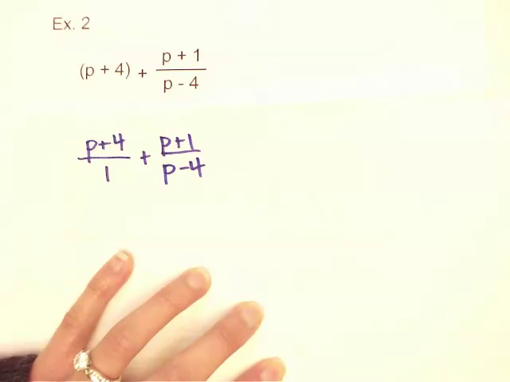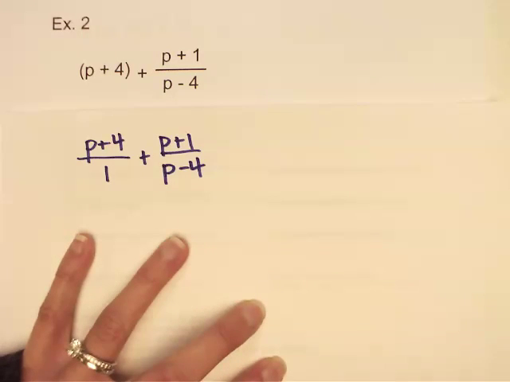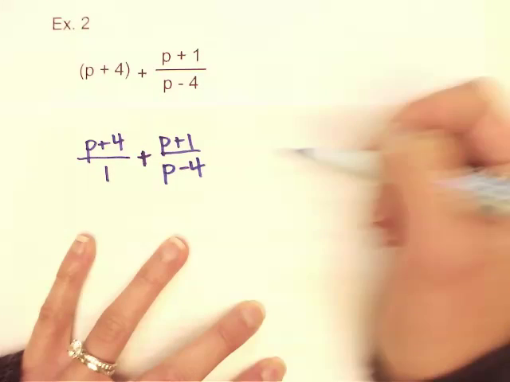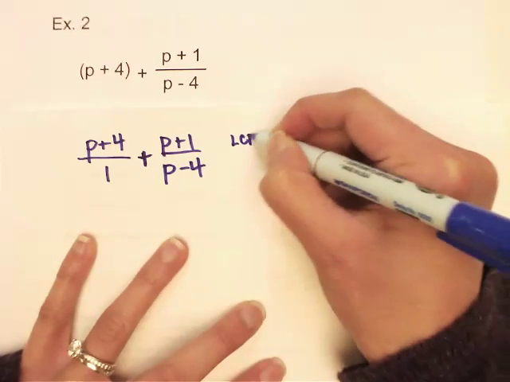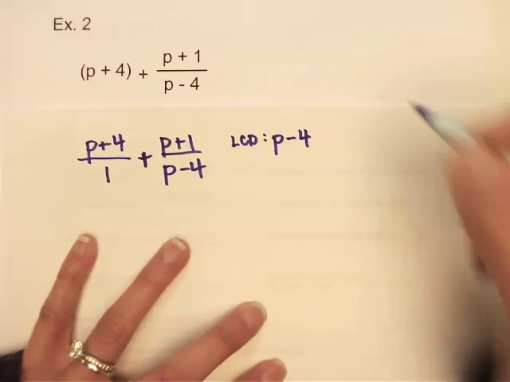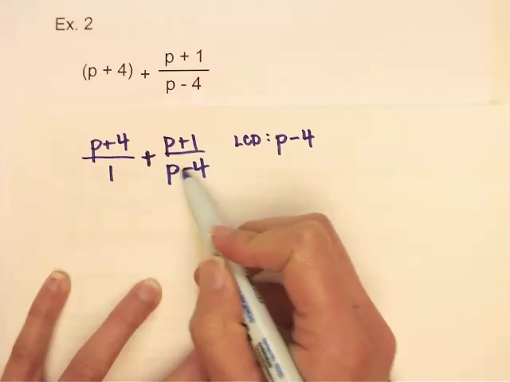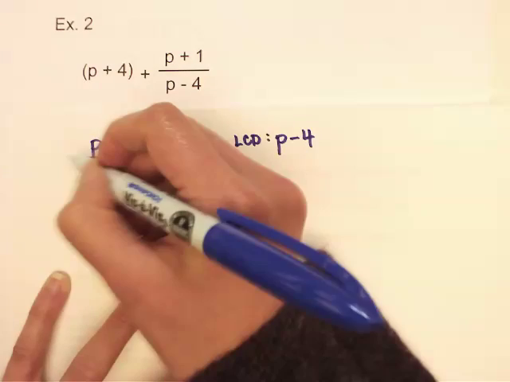Okay. And again, since they do not have the same denominator, we have to make sure to find the lowest common denominator and adjust the fractions accordingly. Okay, so least common denominator is p minus 4. So we have to go ahead and multiply, since this already has p minus 4 as a denominator. We're going to move on to this fraction.